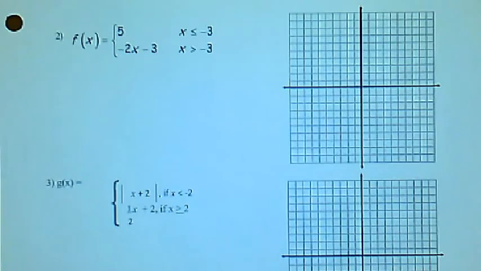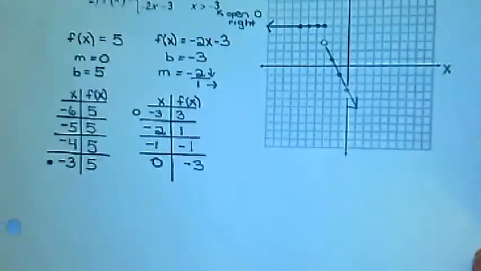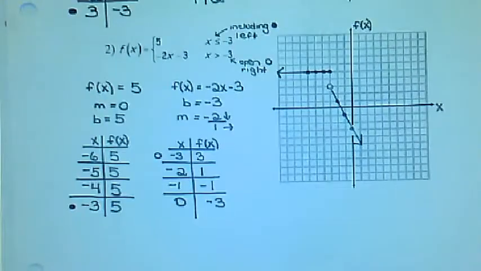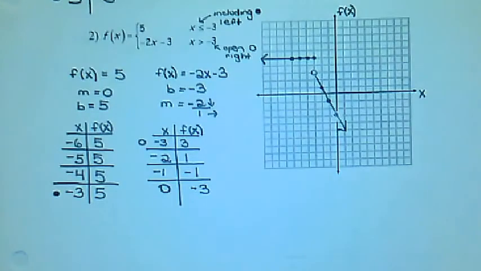All right, so for question number 2, again, you're going to separate them into 2 separate functions. I have it already done for you for the sake of time, but I'll point everything out. Here is function number 1.